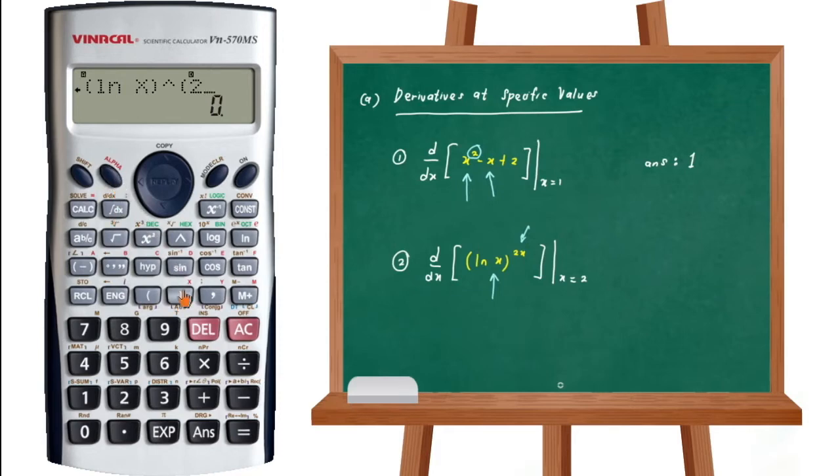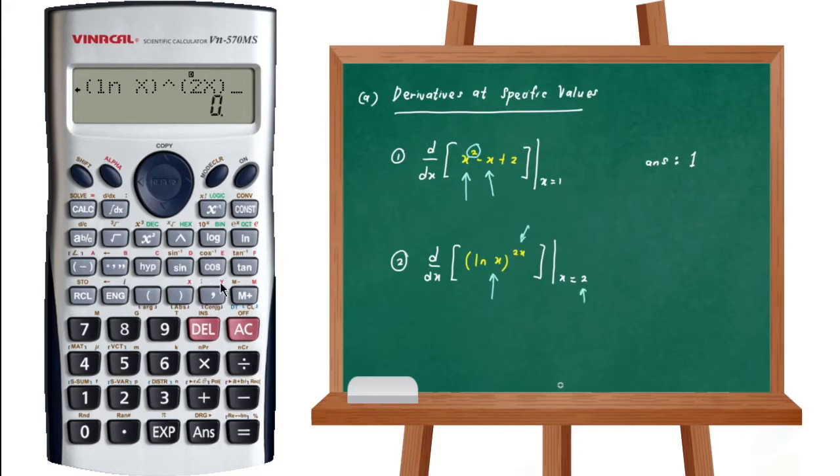After that, we press this button to display the variable x. Next, we close the bracket. So this is how you key in the inputs for ln of x, the whole expression to the power of 2x, in the calculator.